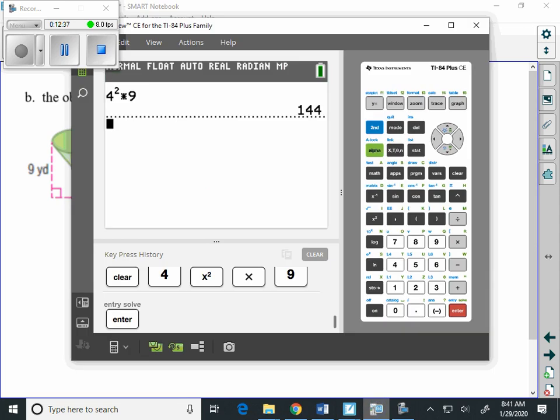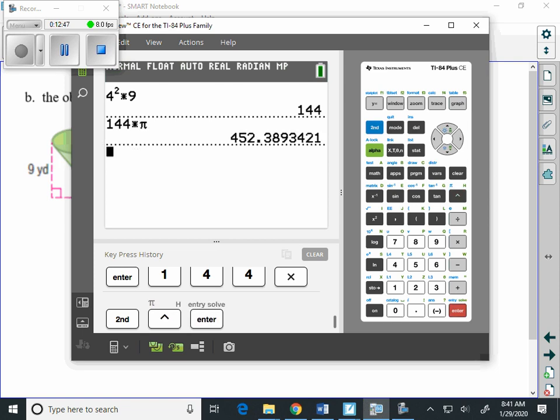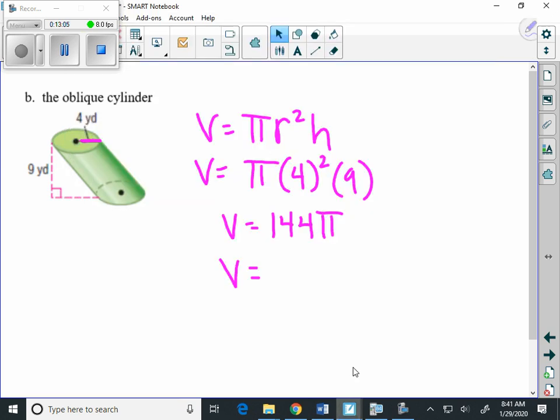And again, if you're using the calculator, we're going to take 144 times second, and then the caret button will get the pi button, and that gives us 452.389. I'm going to round to the nearest hundredth, so I'm looking at the 9 to determine what to do with the 8. Because 9 is 5 or higher, we're going to round that up, and we end up with 452.39.